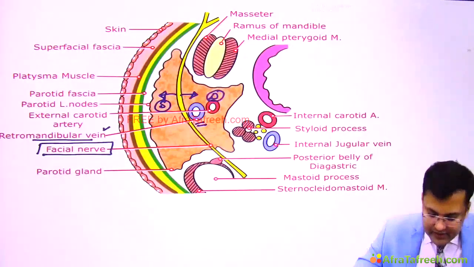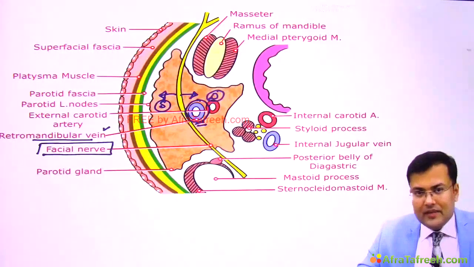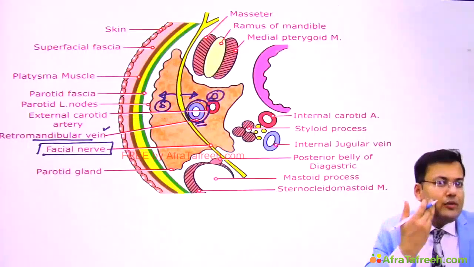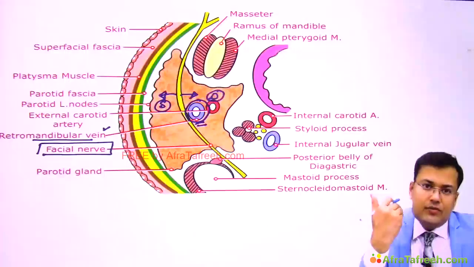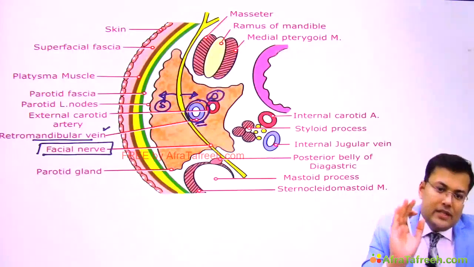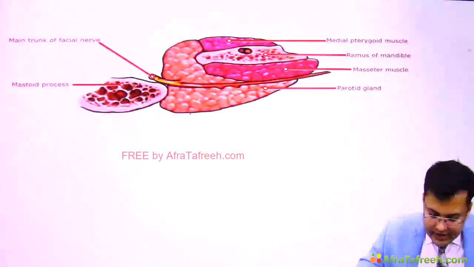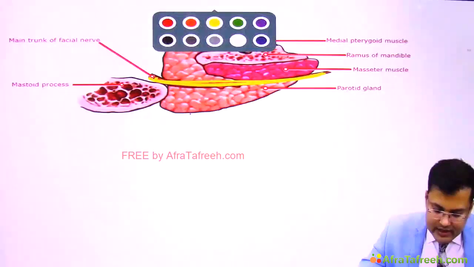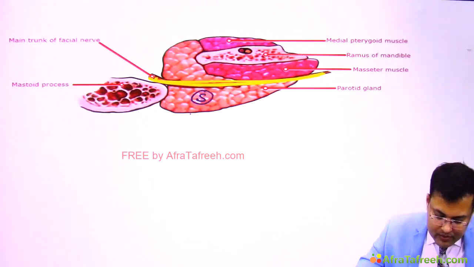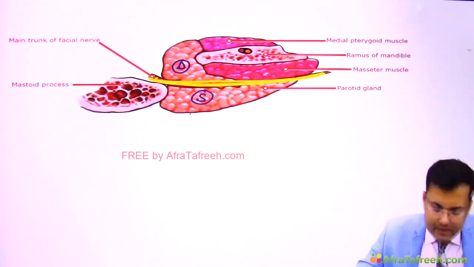So can you see here? This is the retromandibular vein. So in relation to the facial nerve, the superficial lobe is superficial and the deep lobe is deep. Here you can see clearly the facial nerve, the superficial lobe and the deep lobe.